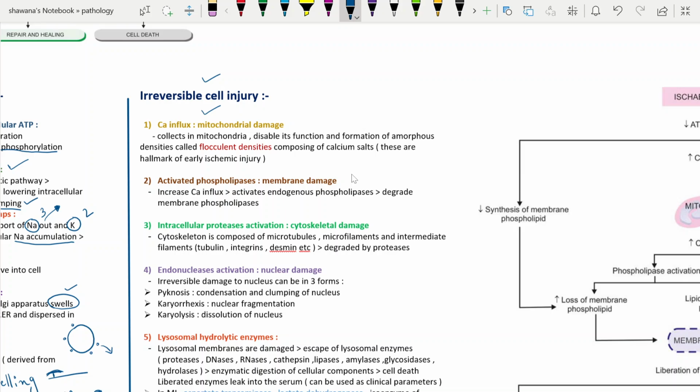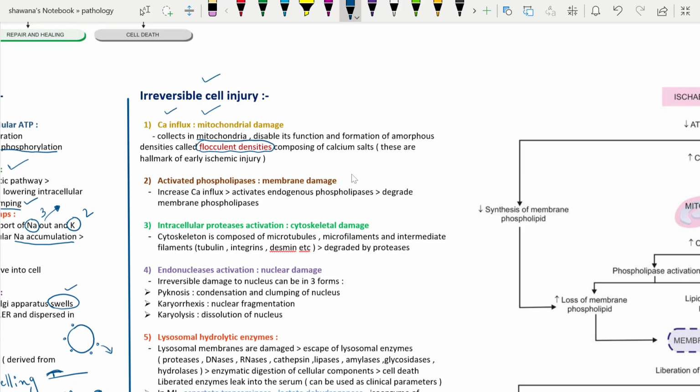As I have told, the calcium pumps fail and calcium influx occurs and it collects in the mitochondria. If calcium is collected in the mitochondria, it disables its functions and causes formation of flocculent densities. What are flocculent densities?